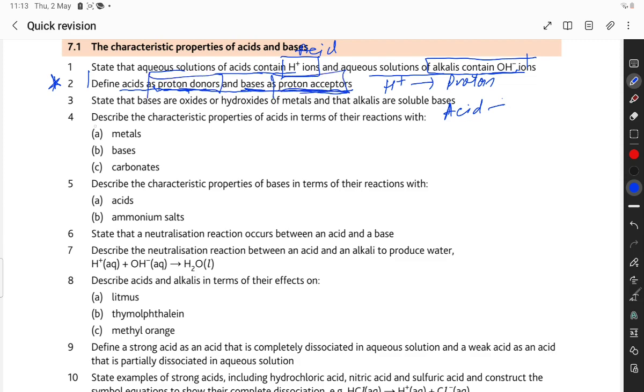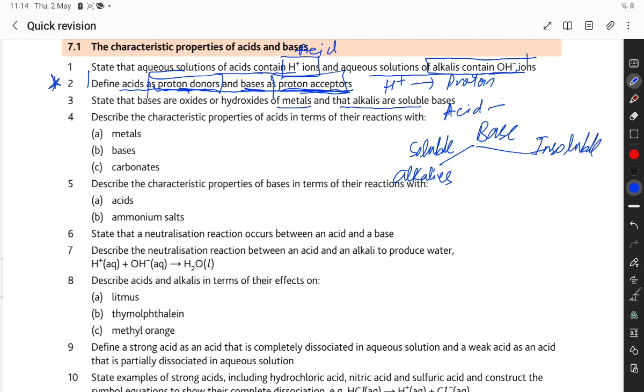Please learn these definitions. State that bases are oxides and hydroxides of metals, and that alkalis are soluble bases. So these are bases, soluble and insoluble. Soluble bases are hydroxides, the alkalis. Insoluble bases are those which are insoluble in water.